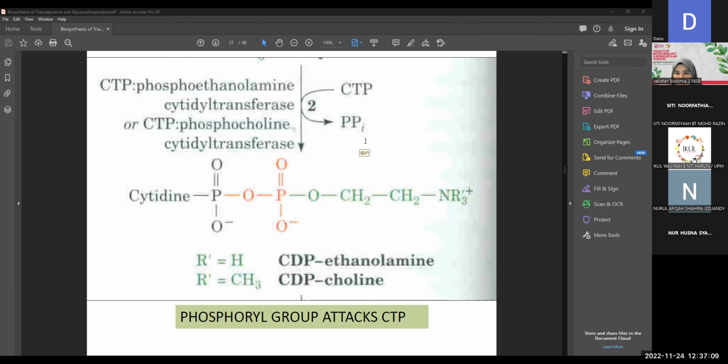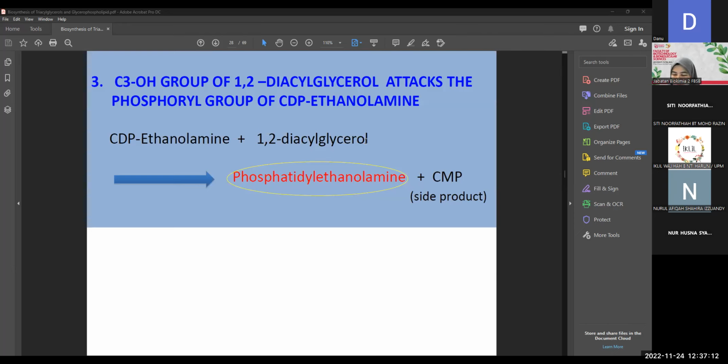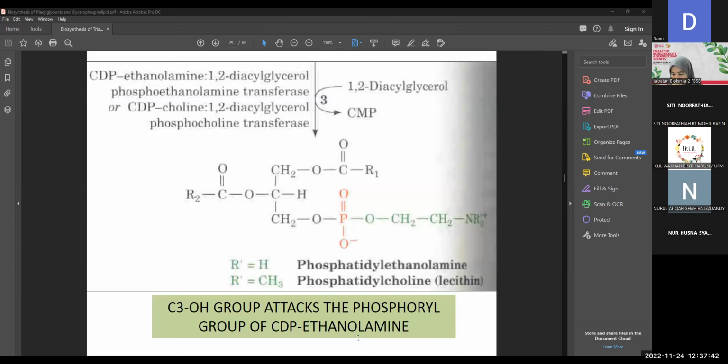Then the final step: CDP-ethanolamine or CDP-choline now reacts with 1,2-diacylglycerol, in which the hydroxyl group attacks the phosphoryl group of CDP-ethanolamine, forming phosphatidylethanolamine and removing cytidine monophosphate. The hydroxyl group attacks the phosphoryl group of CDP-ethanolamine, removing CMP.